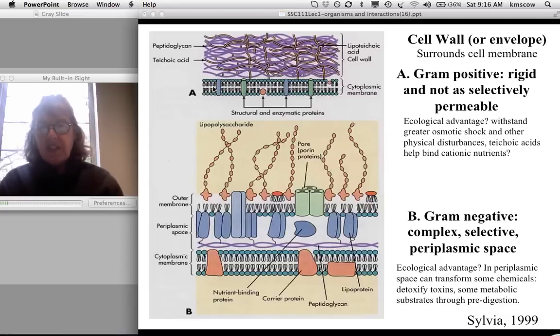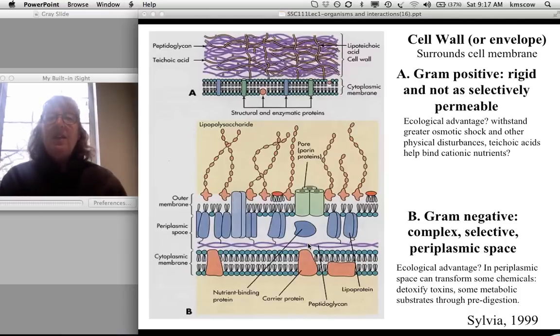But please look here at the cytoplasmic membrane in these two groups of organisms, the gram-positive one, which is shown here above. The peptidoglycan is the purple here, and in the gram-negative, the peptidoglycan is shown here as this very skinny little layer.